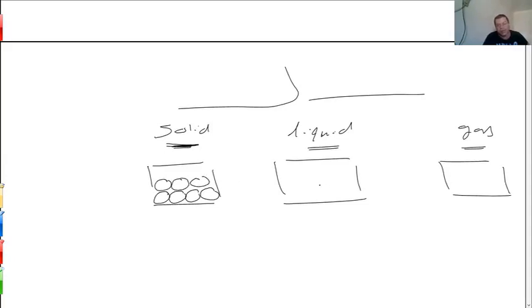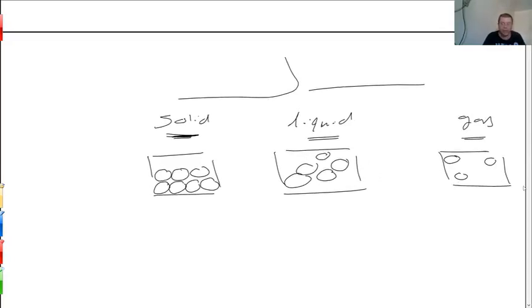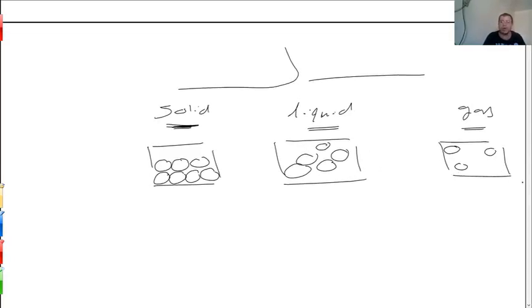The particles here in the liquid will be closer and irregularly arranged. The particles in the gas will be far apart, away from each other. This is the arrangement of particles in solid, liquid and gas, and this will be the first point of comparison which we have.